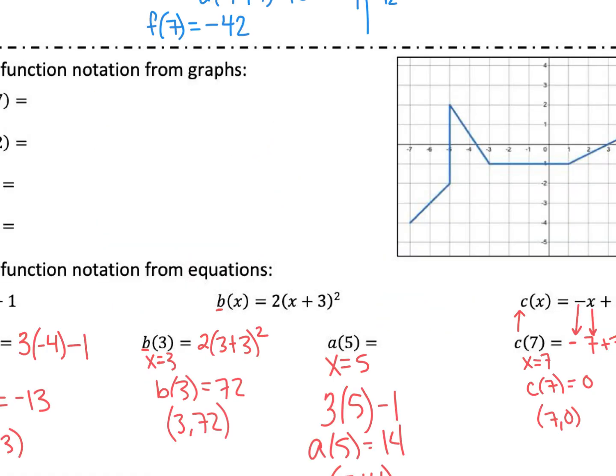So on a graph, you still have a number in parentheses, right? G of negative 7, and it tells you right here, this is our G graph. What does this negative 7 in parentheses mean? Okay, x equals negative 7. So I want you to find, is x on our graph the horizontal axis or the vertical axis? It is the horizontal.